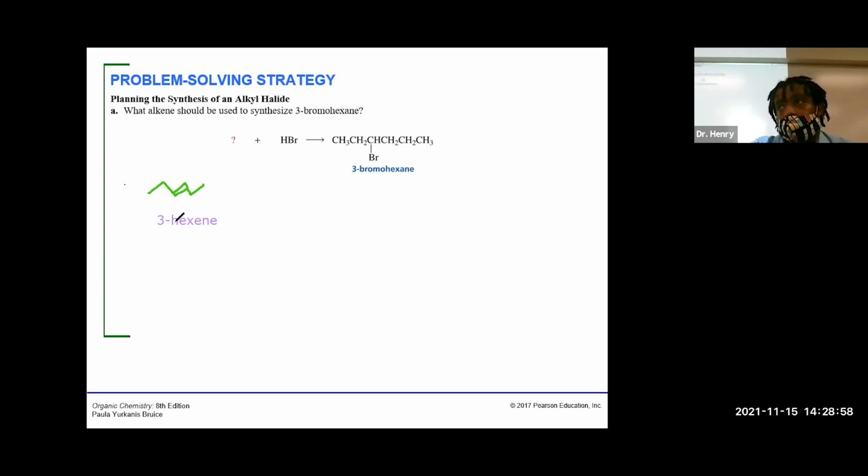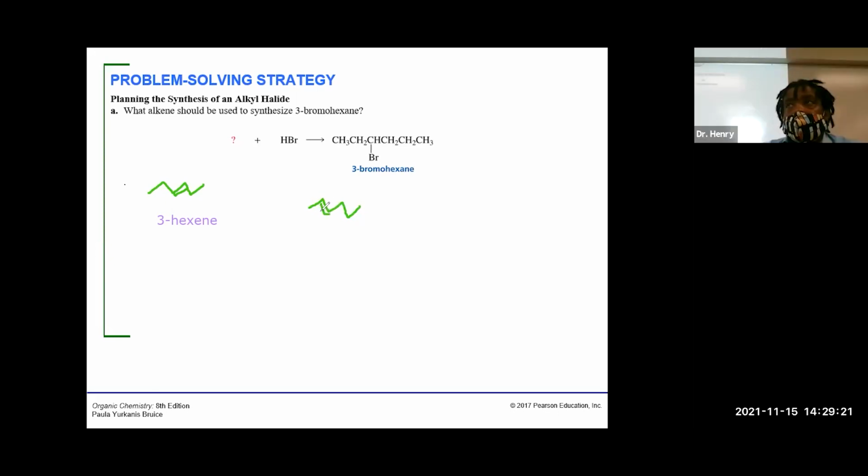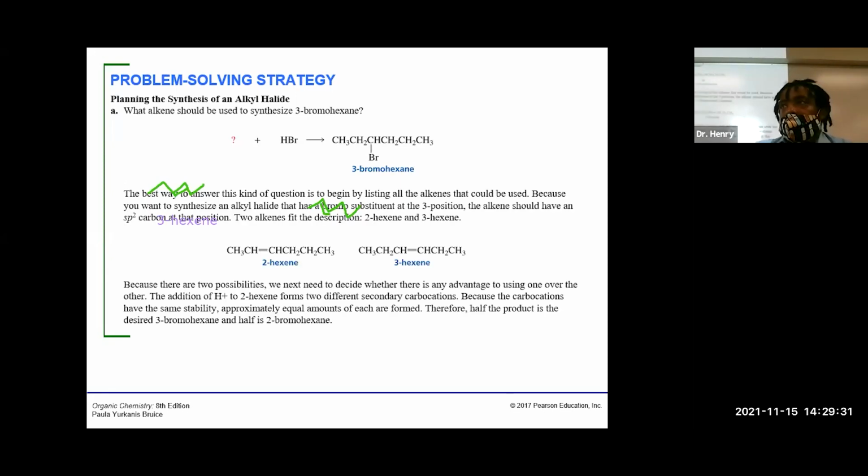Or is that the only one? How about 2-hexene? Because in the case of 2-hexene, we'd be splitting it right here, right? If you have the hydrogen there and then the bromine there. So that's exactly what our possibilities are.